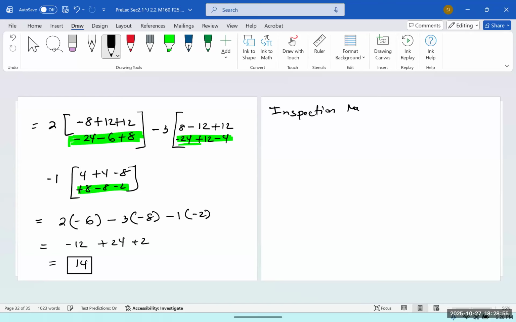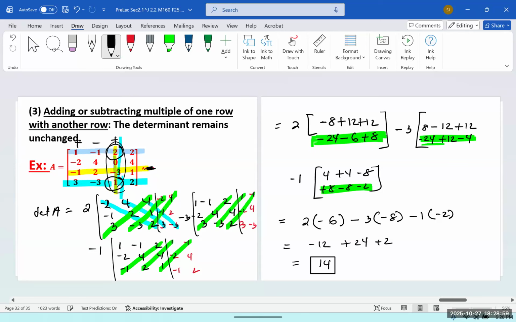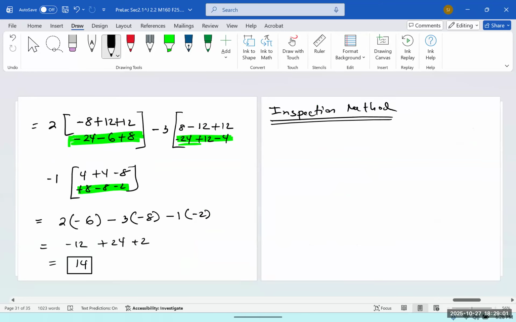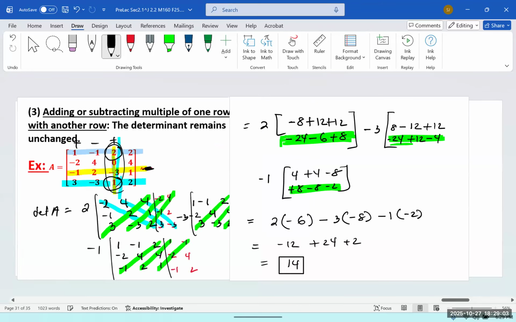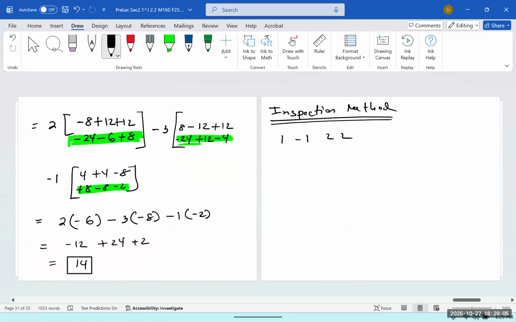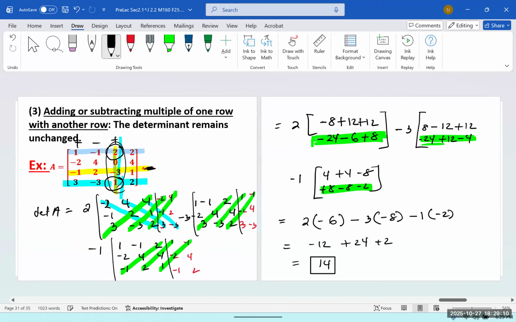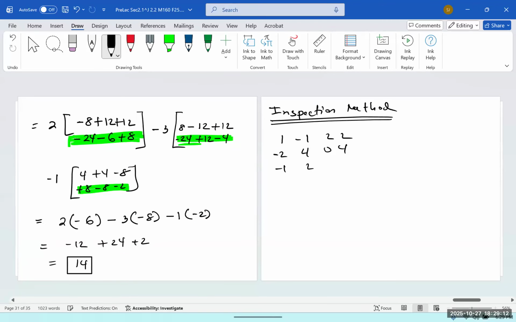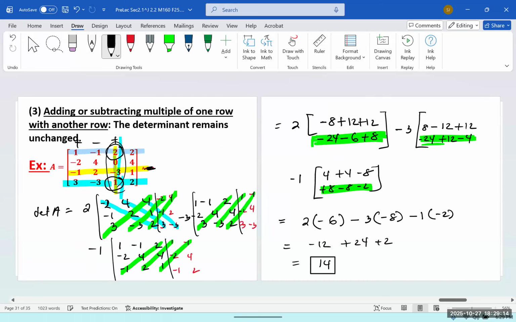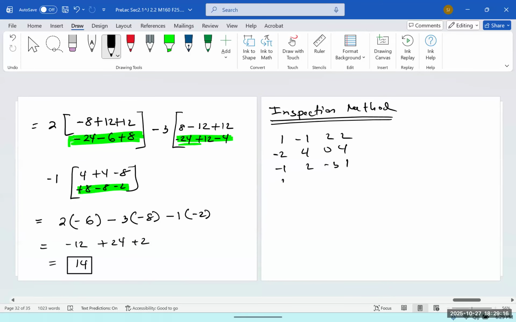Inspection. 1, negative 1, 2, 2. Negative 2, 4, 0, 4. Negative 1, 2, negative 3, 1. 3, negative 3, 1, 2.